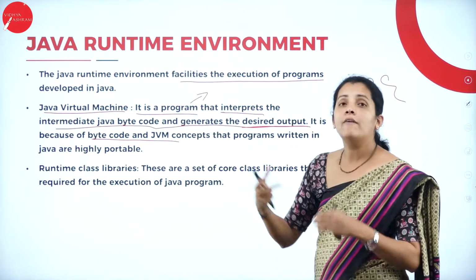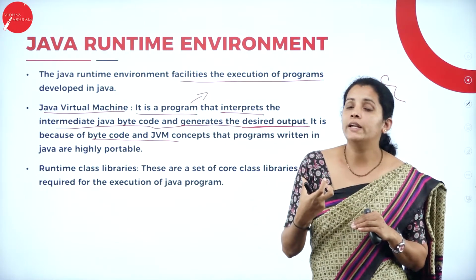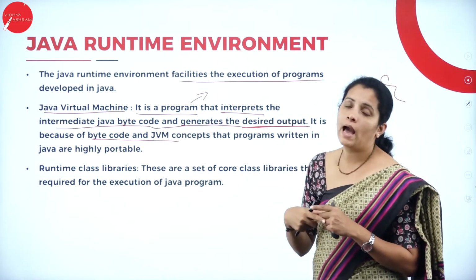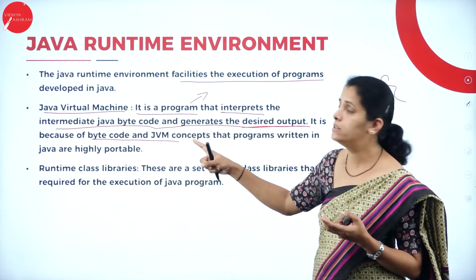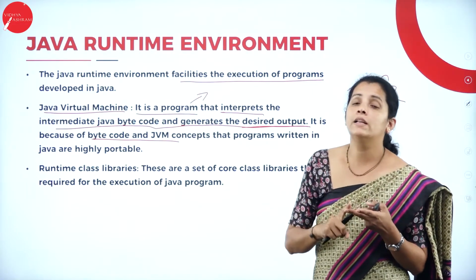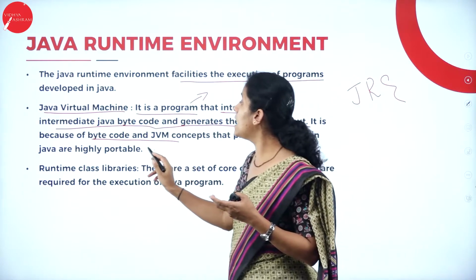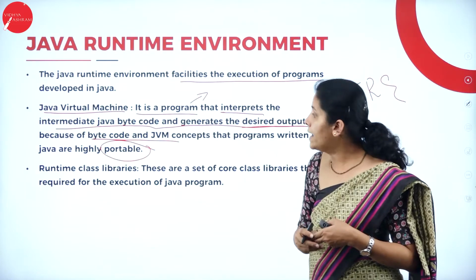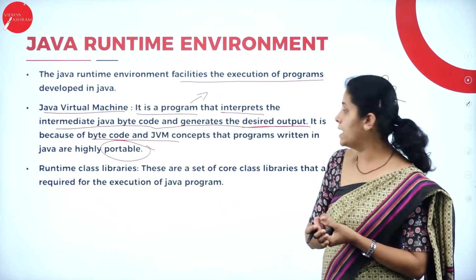That means after compiling a Java program, we get the bytecode, and to run bytecode we have the Java virtual machine, that is nothing but the JVM. Because of bytecode and JVM, Java programs are treated as a portable programming language. And we have runtime class libraries.